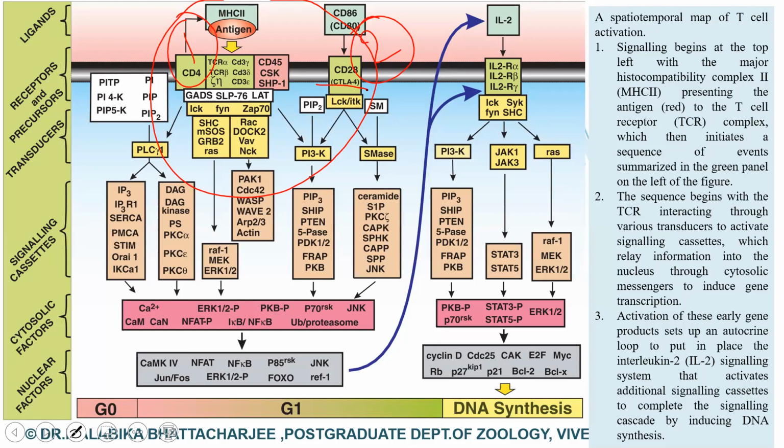Finally, for the complete and useful proliferation of T lymphocytes, a third signal is also required. Signal 1 is partial activation of the T lymphocyte. Signal 2 is complete activation of the T lymphocyte. So that particular T lymphocyte has been activated.